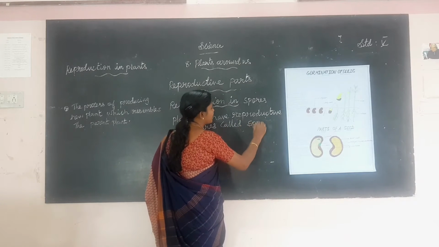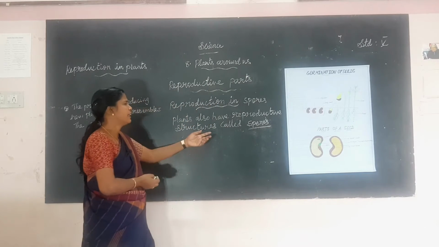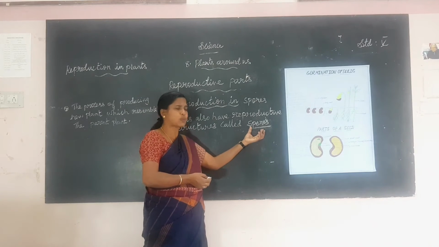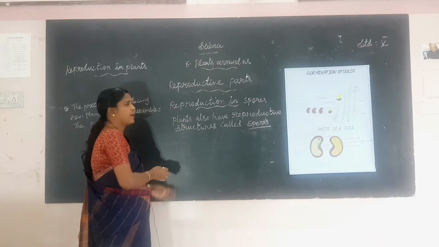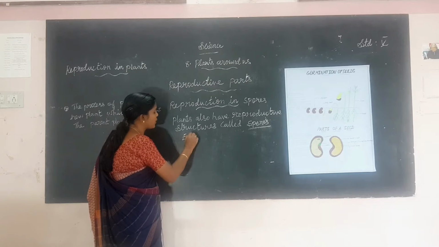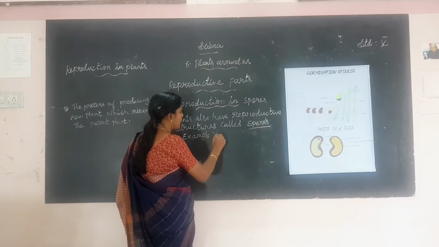Spore. New plants develop and grow from the spores. Examples of plants that reproduce by spores are fern and moss.